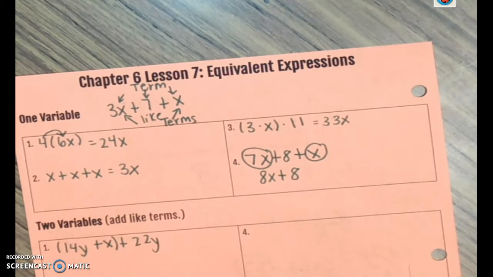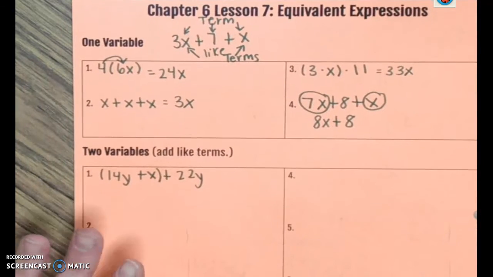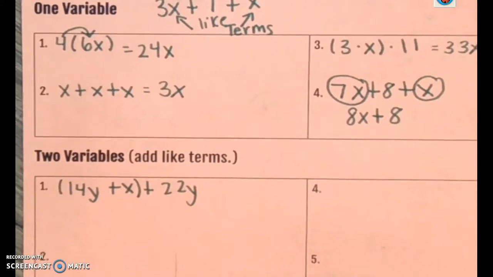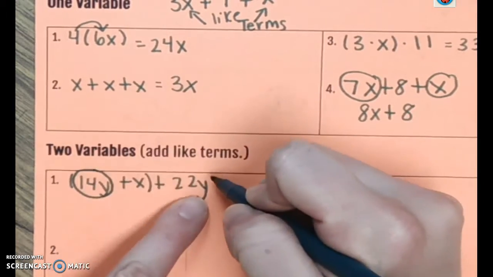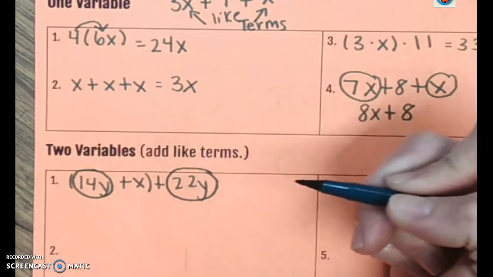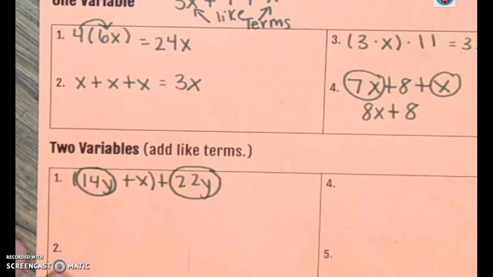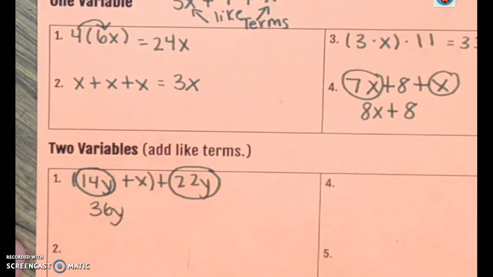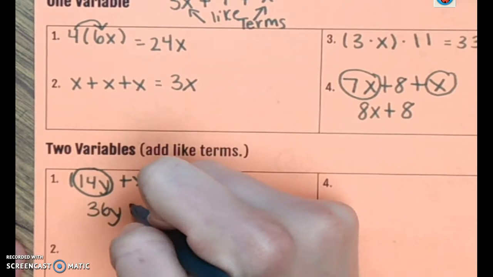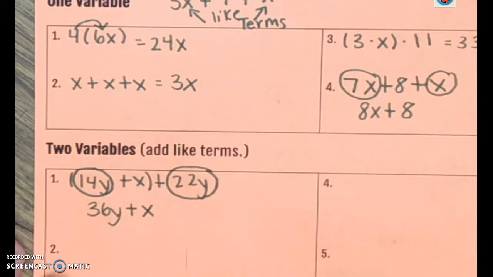Let's circle things that have the same variable. So there's a y here, so we're going to circle it, and a y here, so we're going to circle it. Together, that's 14y plus 22y, and that is 36y. This guy is an x. He can't go with a y, so we're just going to add plus x on the end.